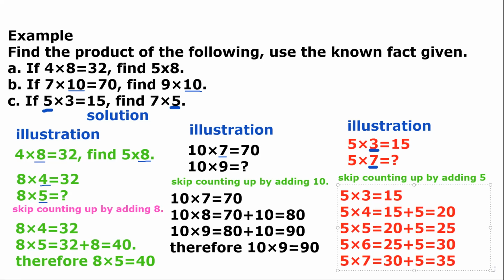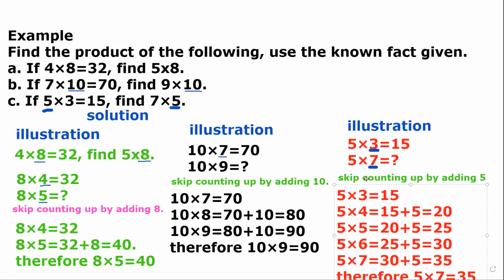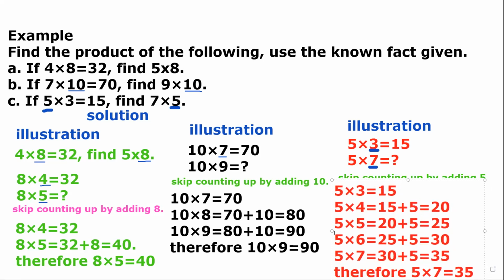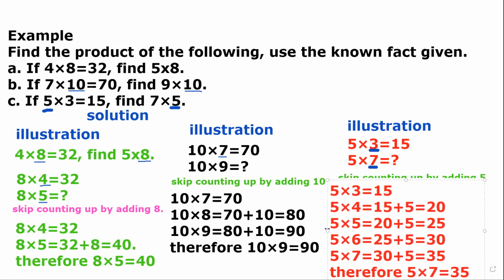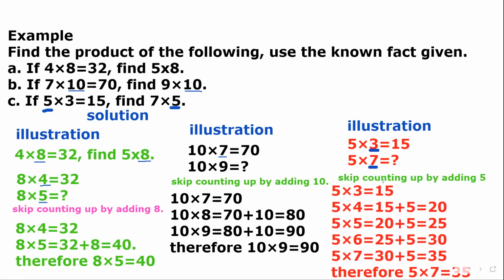Okay. Therefore, 5 times 7 is equal to 35. Okay. Good.